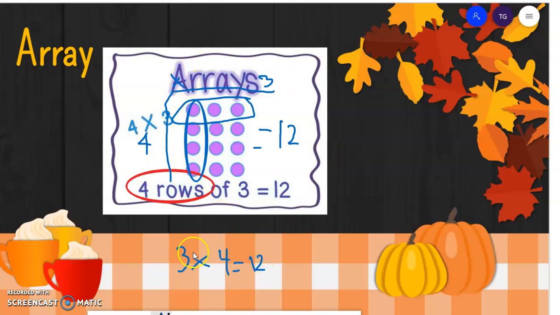In order for our array to represent our number sentence here, we would have to have 3 rows and 4 in each row.